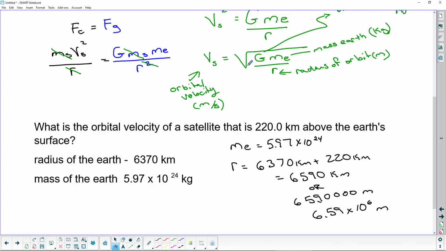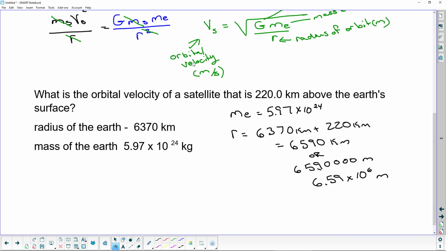Now we can apply our equation, and we'll get this value in meters per second. It should be pretty fast, you would think, to be orbiting the Earth.